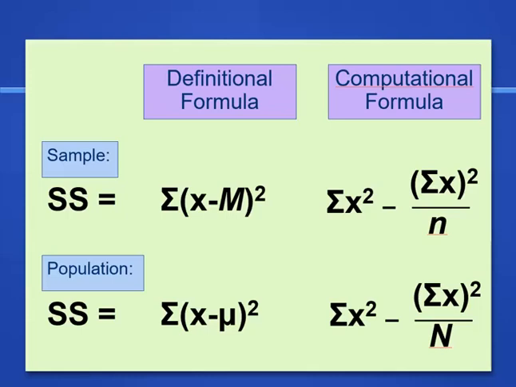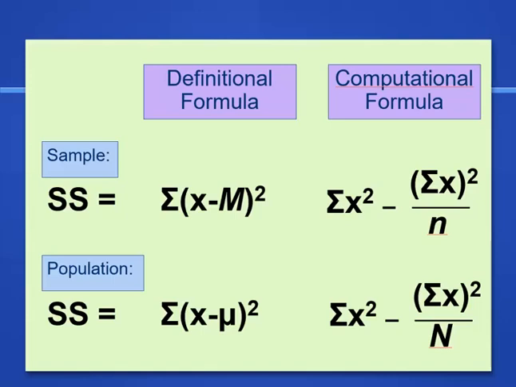Let's see, what else do I want to say here? The reason why we square each deviation is actually an important concept. If we were to just subtract the mean from each raw score and sum that up, what do you think we might get? Well, the sum of x minus M, the sum of each raw score minus the mean, is always going to equal 0.